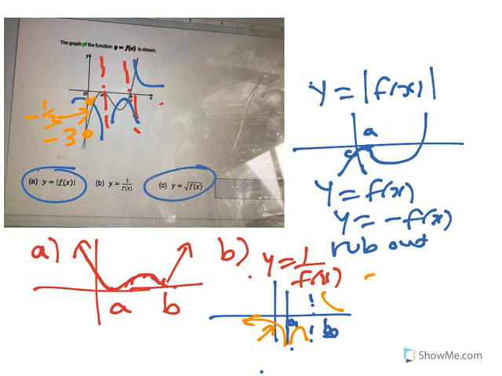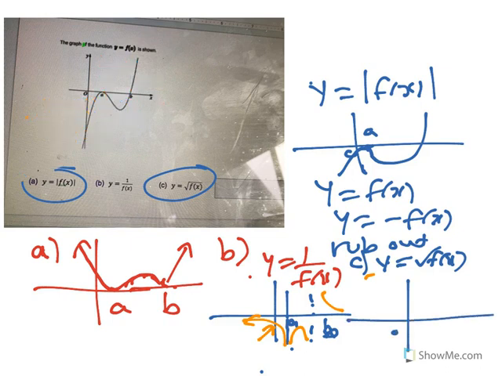Okay. And then the last one, which is y equals root f of x. From that, we could also do y squared equals f of x. If you have your curve here, you can't have anything underneath the axis.